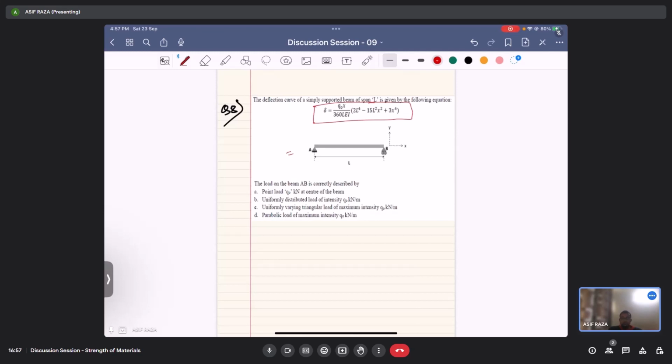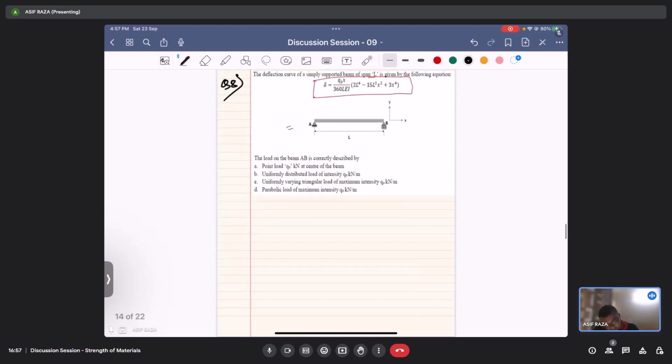In this question we are given the deflection curve, and we need to find what type of loading is applied to the system for which we get the given deflection curve. Let me write the deflection curve as y equal to Q naught x by 360 LEI times (L to the 4 minus 15 L square x square plus 3x to the power 4).